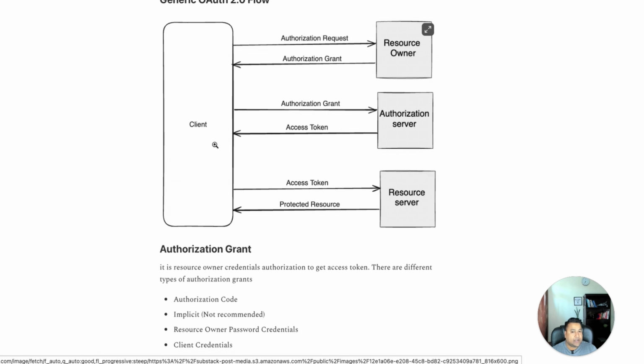The moment the client sends a request to the resource server, it will say it's unauthorized because it's expired. In this particular case, your client has the refresh token. Now the client will go back to the authorization server, send the refresh token, and get the access token again. And then using the access token, you can again access the protected resources.